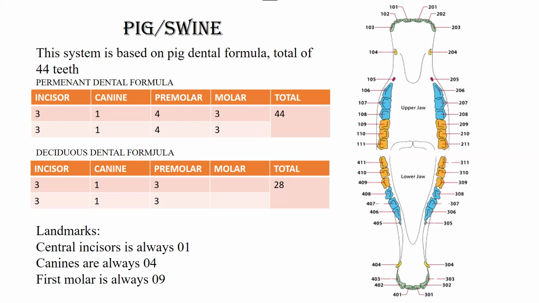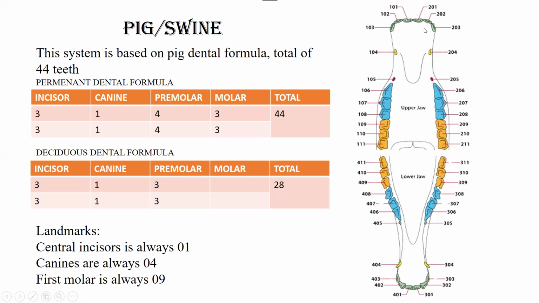How have the second and third digits been assigned? You simply start counting from the central incisor: 1, 2, 3, 4, 5, 6, 7, 8, 9, 10, 11. The next two digits are simply counting in series. So you start from the central incisor on the right side. Then for the left side, left upper has first digit as 2.